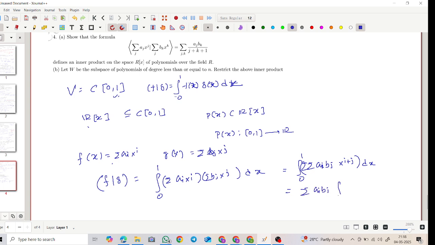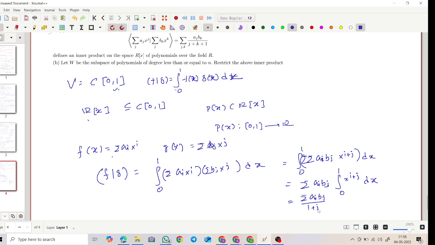That is the summation of ai bj by i plus j plus 1. Is that clear? This is indeed an inner product over Rx.